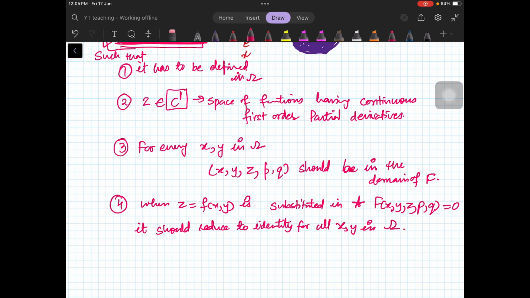If this happens, then we say that this particular function is a solution of this particular partial differential equation. Okay, so this is very important.